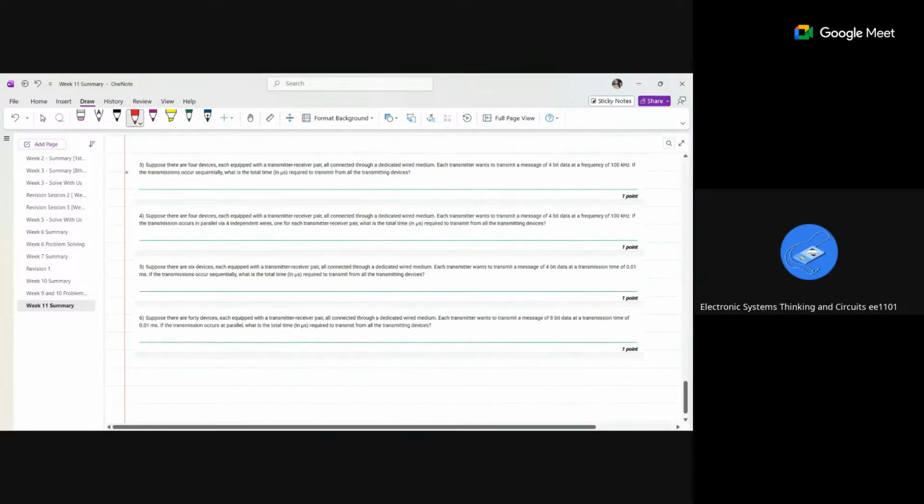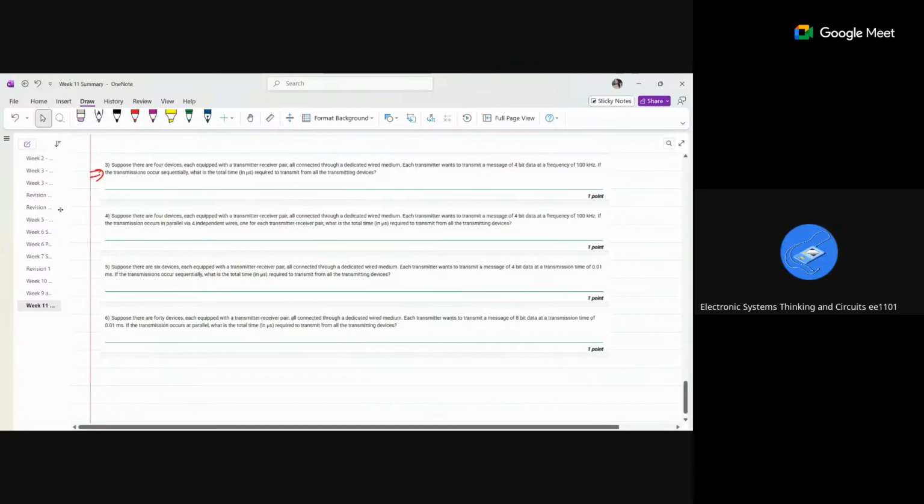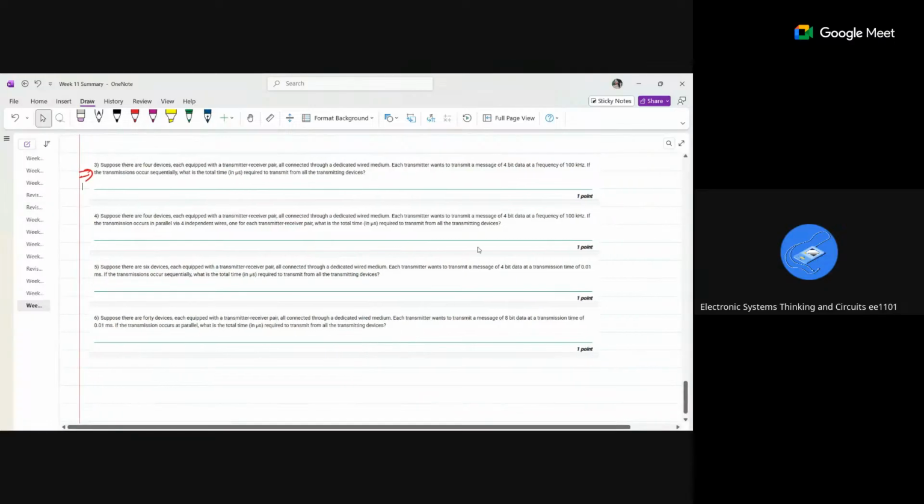First, we'll see the third question. What is given is, suppose there are 4 devices. Each has a transmitter-receiver pair, all connected to a dedicated wired medium.